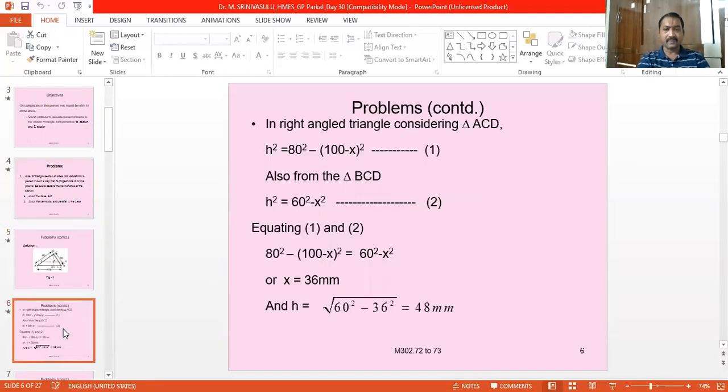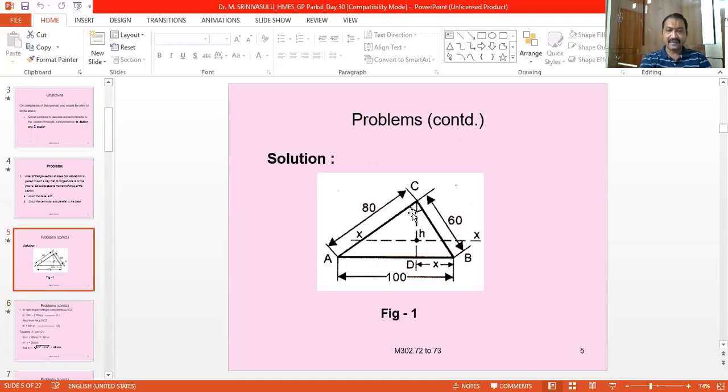Now coming to the solution. In the right angle triangle ACD, using the Pythagoras theorem, this is the hypotenuse, AD is the adjacent side, and CD is the opposite side. So AC square is equal to AD square plus CD square.